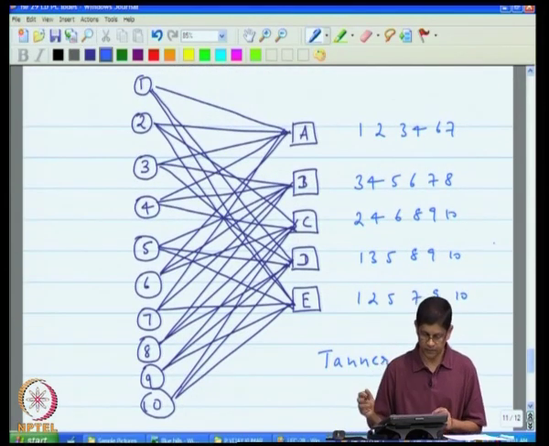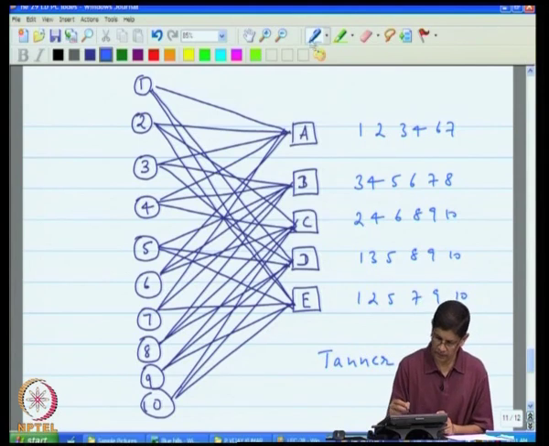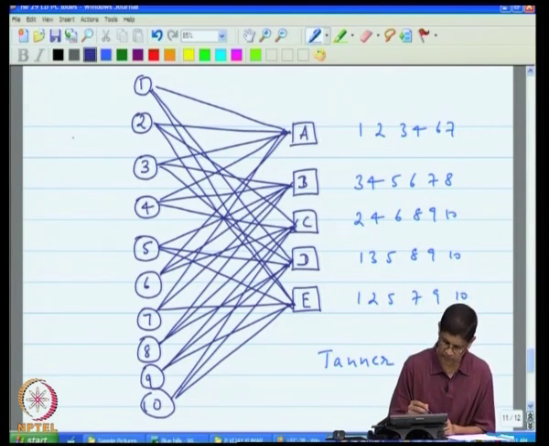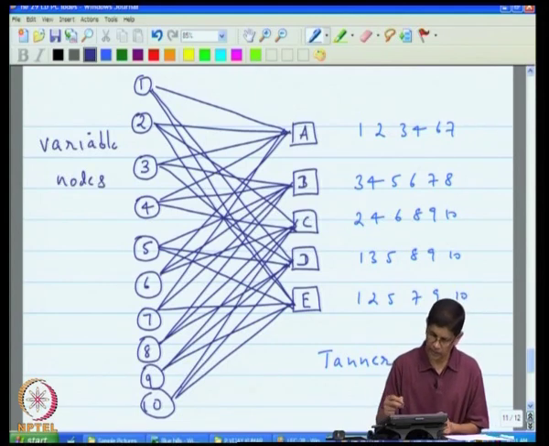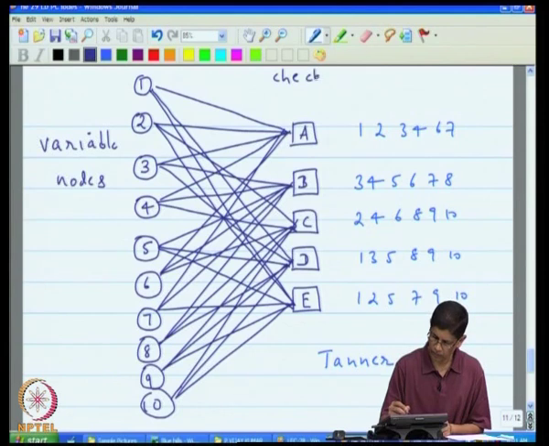And what this graph is actually telling you is that on the left side these nodes are called variable nodes and these nodes are called check nodes. Okay.